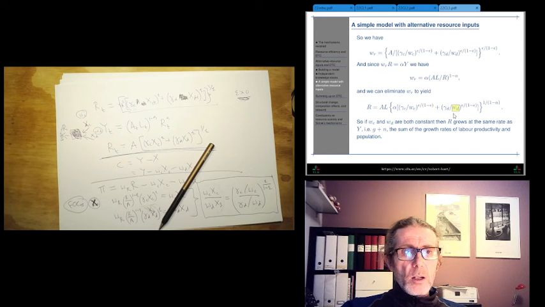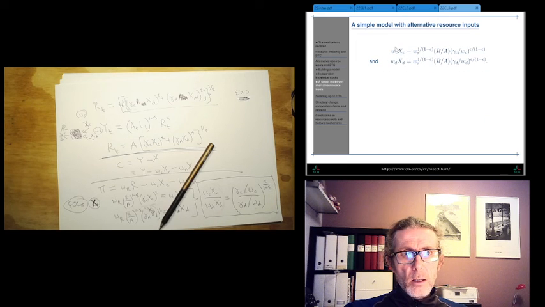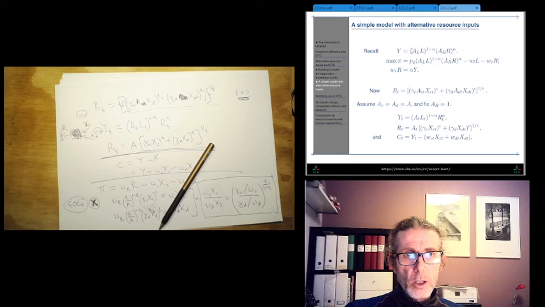Okay, so what we can do now is say we've got two resource inputs and we've got price trends for them. We can write a little model in MATLAB or write a little simulation program and get it to spit out, for given epsilon, what we should be spending on the two resources, and how, for given alpha and so on for our overall model, how GDP should be developing, how the overall resource expenditure should be developing, and so on.